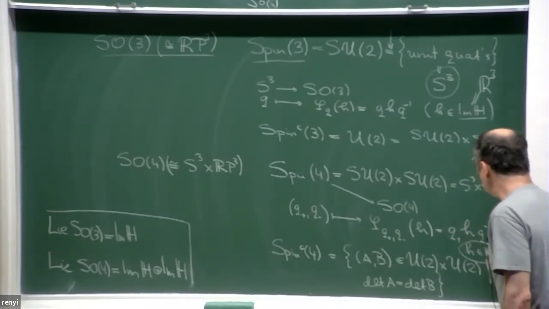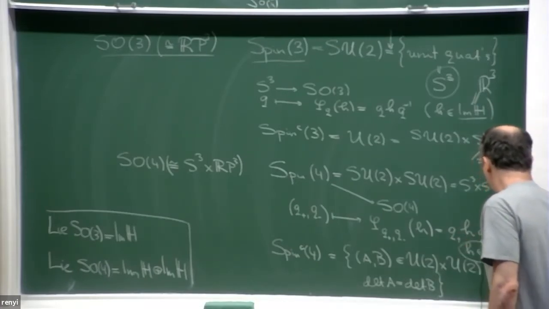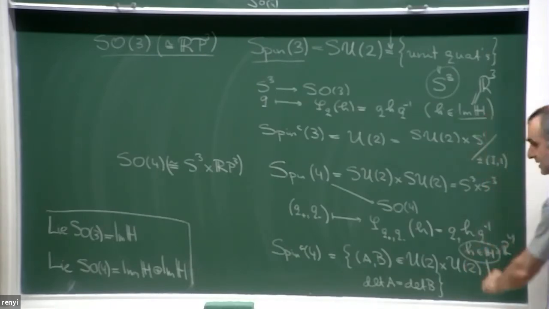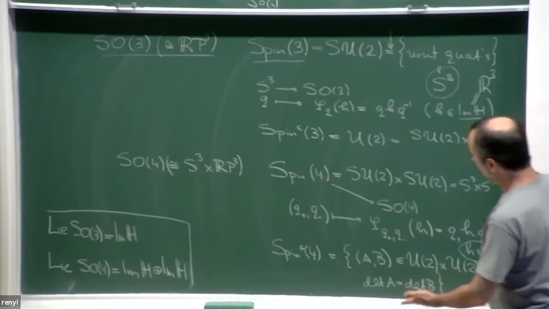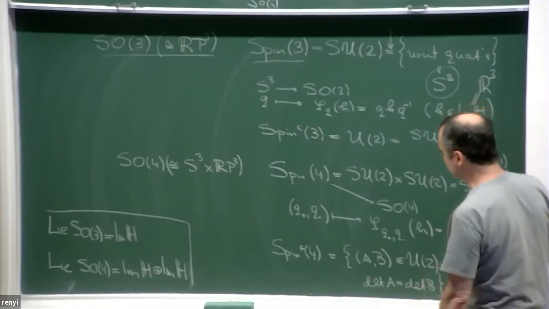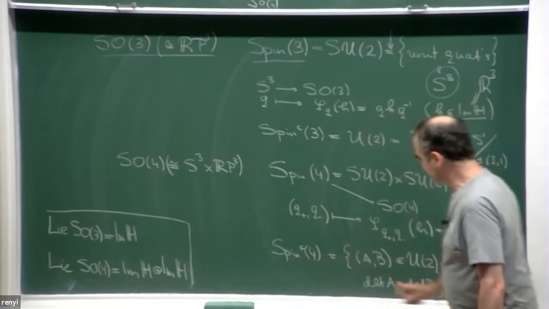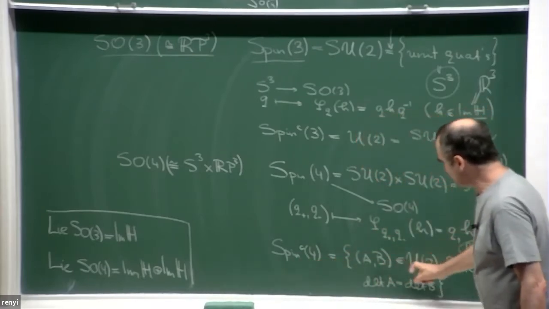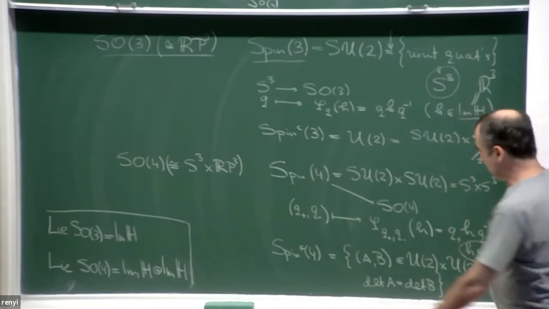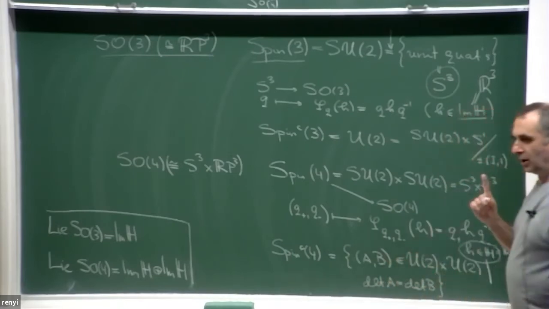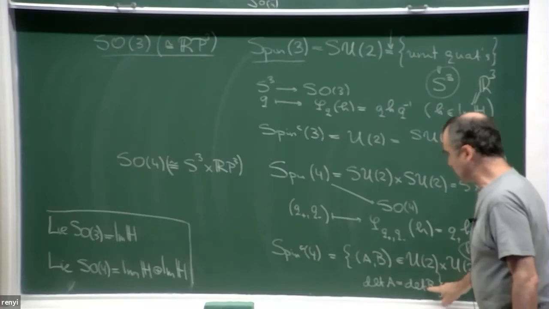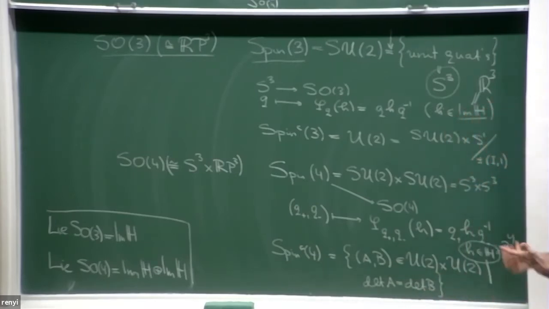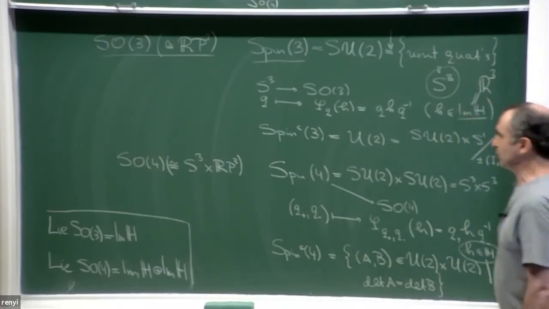Remember, lowercase h is in boldface H, the vector space of quaternions, which is just R4. And staying in the same spirit, Spin^C(4) can be given by pairs of unitary matrices, A and B, with an extra property that their determinants should be equal. So this is how these guys work out.